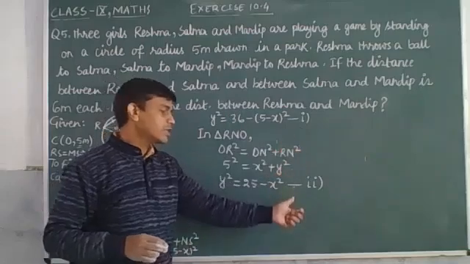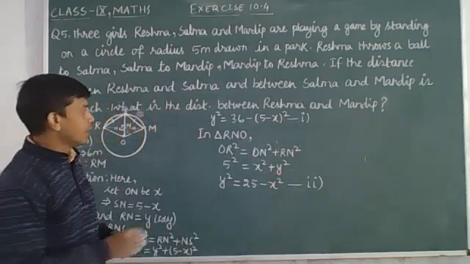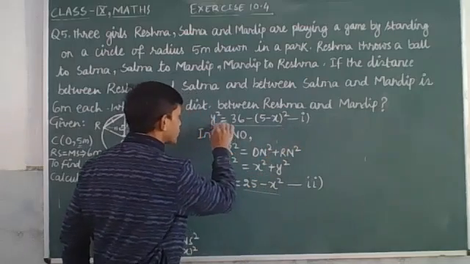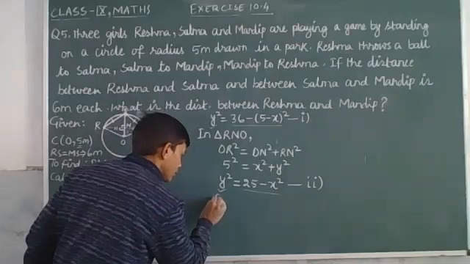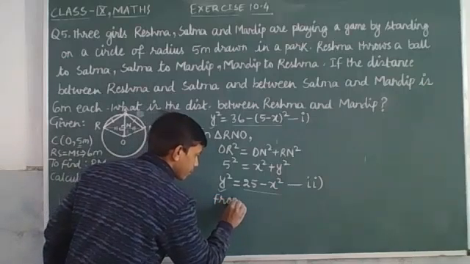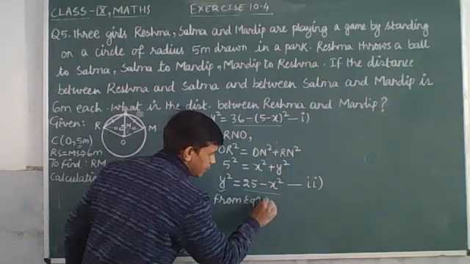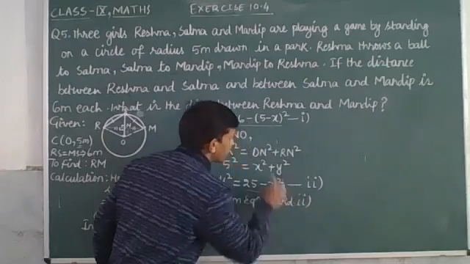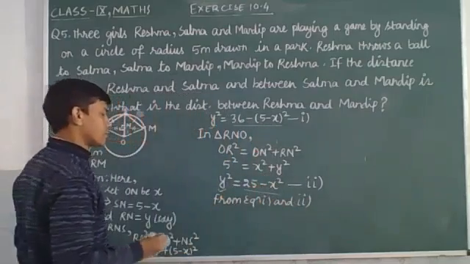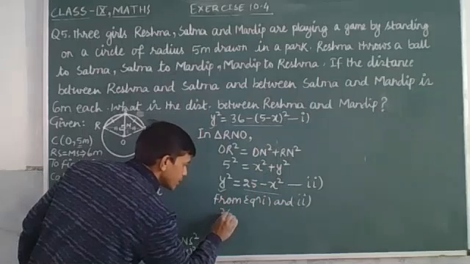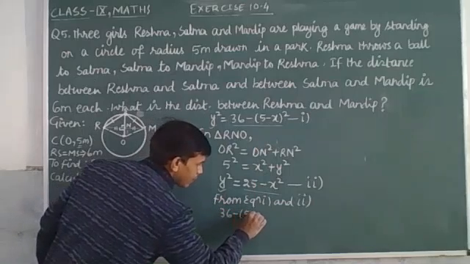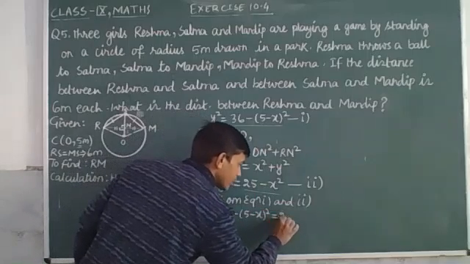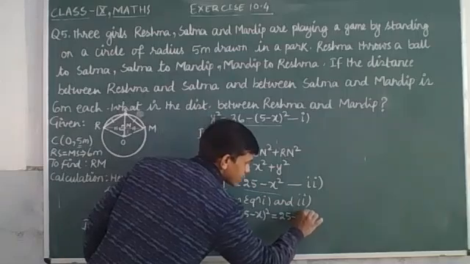From equation first and second, we could observe that these are the values of y square, so we could equate their right hand sides. So it is 36 minus (5 minus x) whole square equals 25 minus x square.